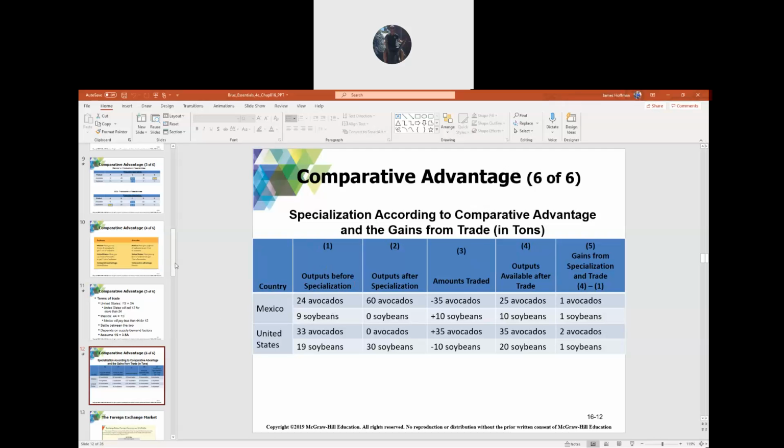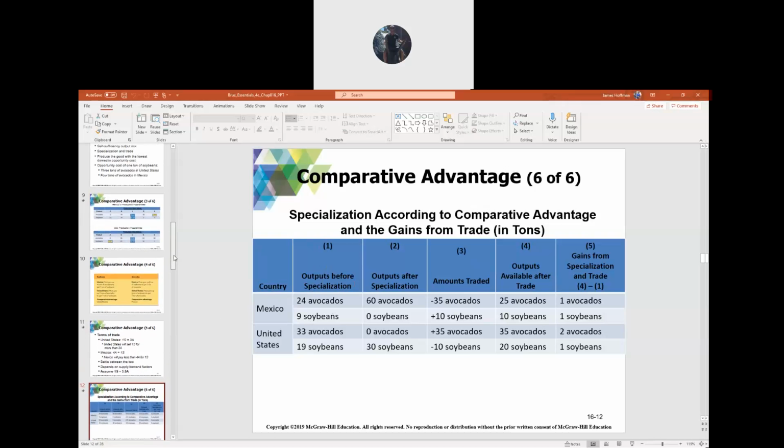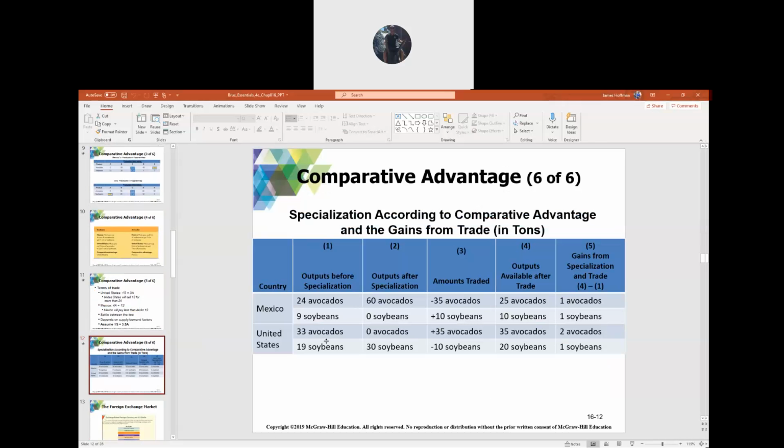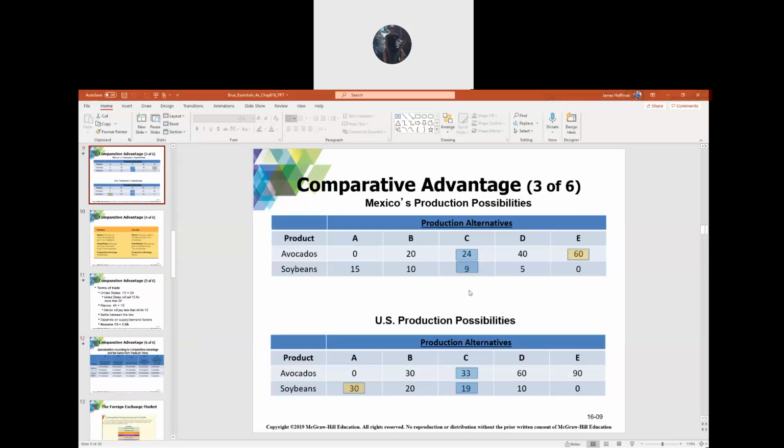And so this means that Mexico chose 24 and 9, which is point C, and the U.S. chose 33 and 19, right there, point C. So Mexico started here, and the U.S. started here, and the idea is that instead, to both be better off, Mexico is going to produce all the avocados they can, which is 60, and the U.S. is going to produce all the soybeans they can, which is 30, and then they're going to trade.